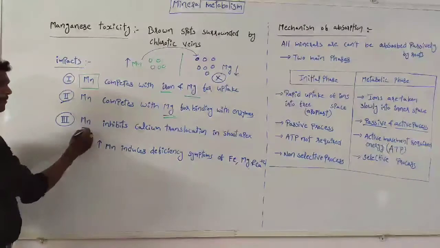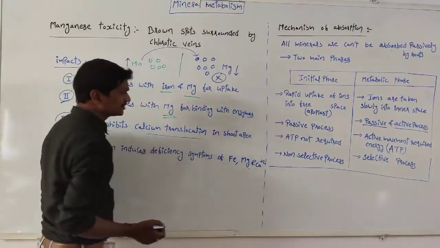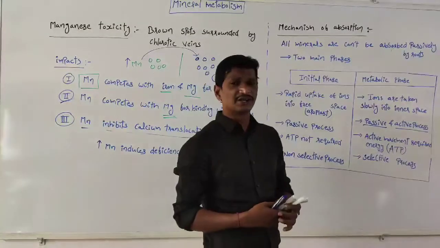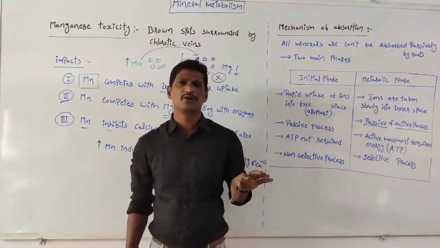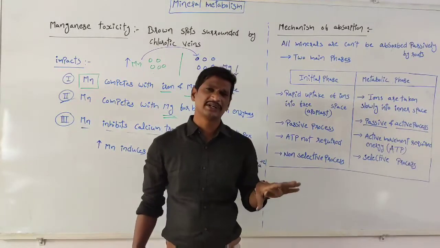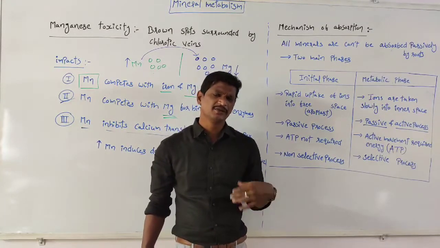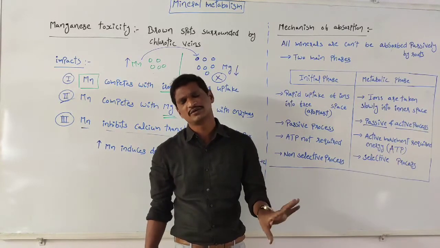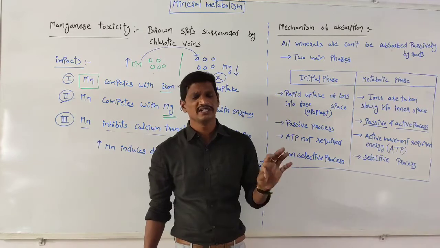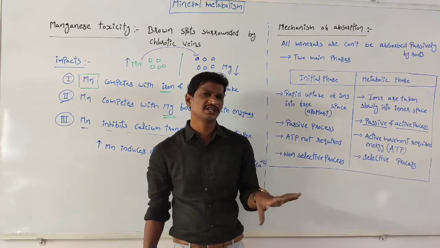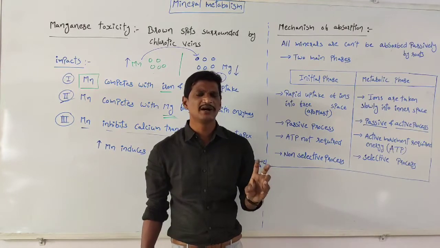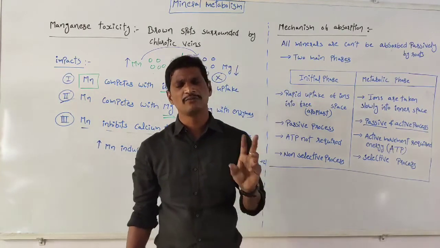And the third one: manganese inhibits calcium translocation. We know the meristematic cells richly require calcium for the formation of calcium pectate and magnesium pectate. If calcium translocation is blocked, cell division is also inhibited. So what I am trying to tell here is that the translocation of calcium is inhibited by the high concentration of manganese.